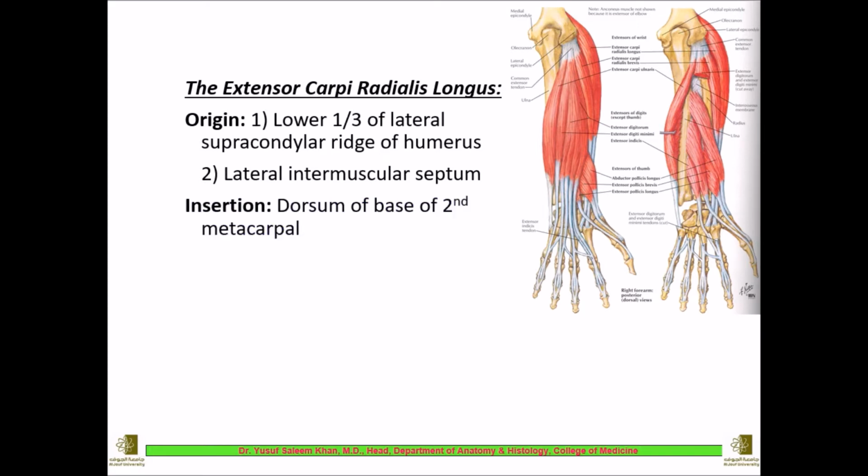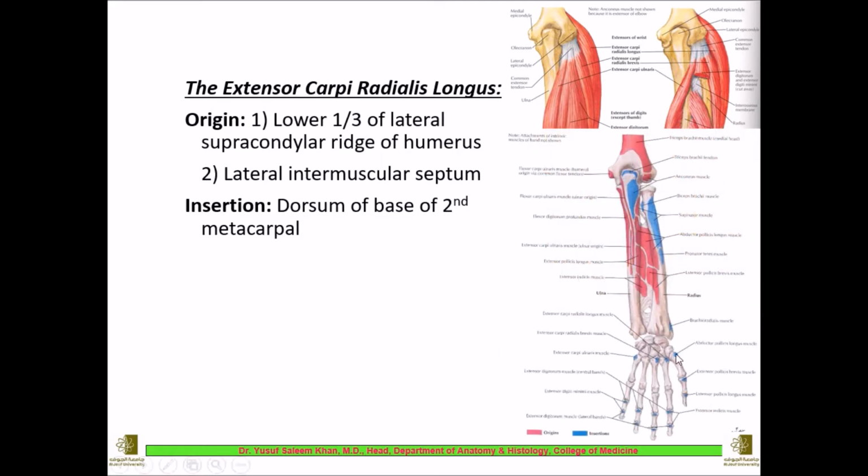This muscle runs deep to the brachioradialis, lateral in the forearm, and then winds back and comes to the extensor compartment. Even though it is on the lateral side, it gets inserted to the dorsum of the base of the second metacarpal bone. You can see here the tendon of the extensor carpi radialis longus getting inserted to the base of the second metacarpal bone.